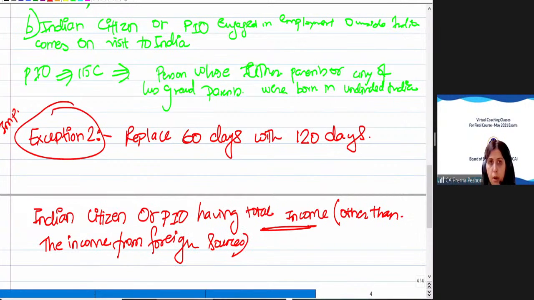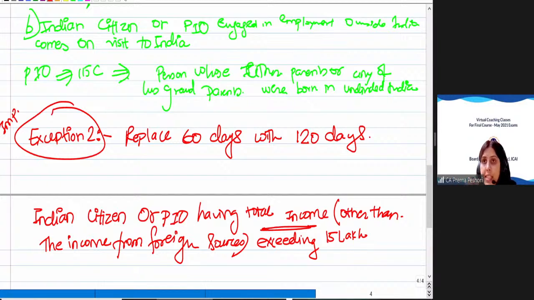We will learn about what is the income from foreign sources exceeding 15 lakh rupees. Exceeding 15 lakh rupees, right?